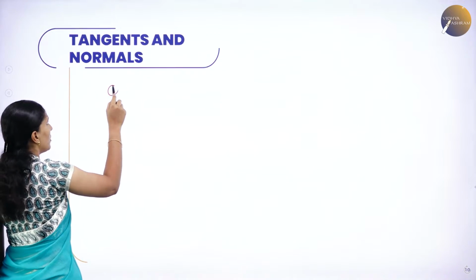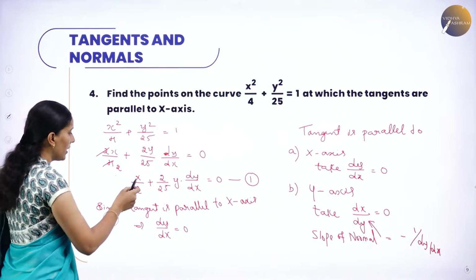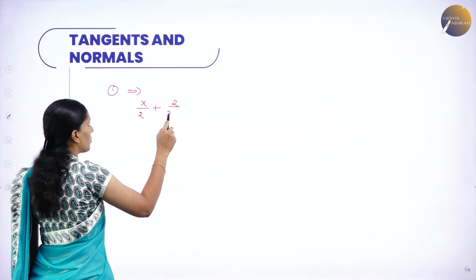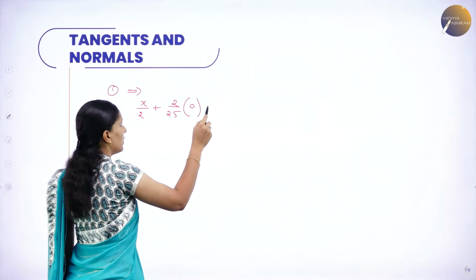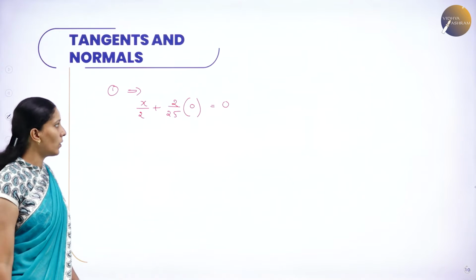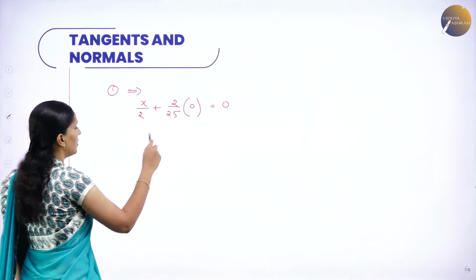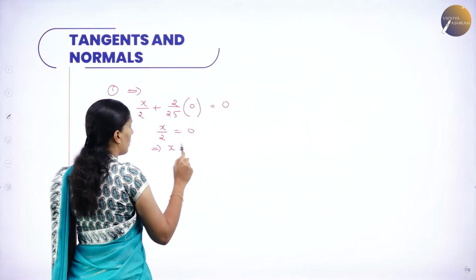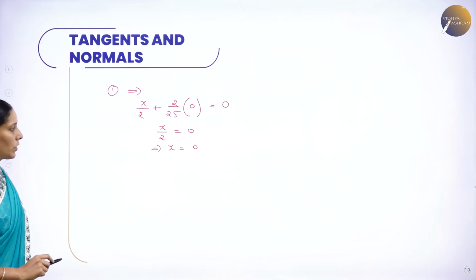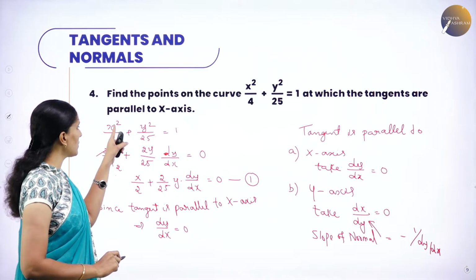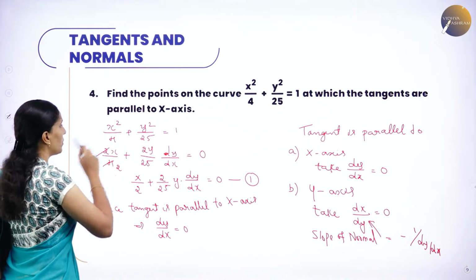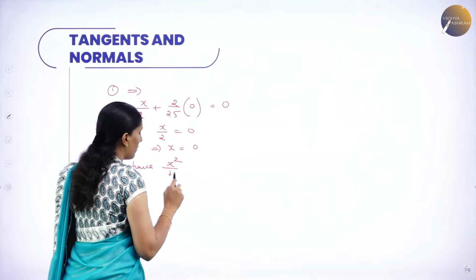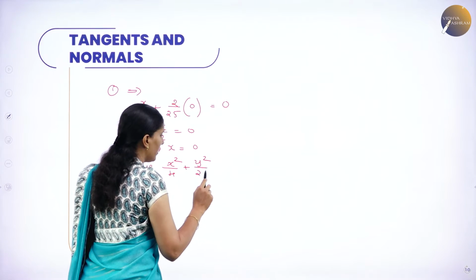So equation 1 implies x by 2 plus 2y by 25 into 0 is equal to 0 because dy by dx is equal to 0 here. So here we get x by 2 is equal to 0. This implies x is equal to 0. Now we got x is equal to 0. Substitute x is equal to 0 here. So if you substitute x is equal to 0, now here we have x square by 4 plus y square by 25 is equal to 1.